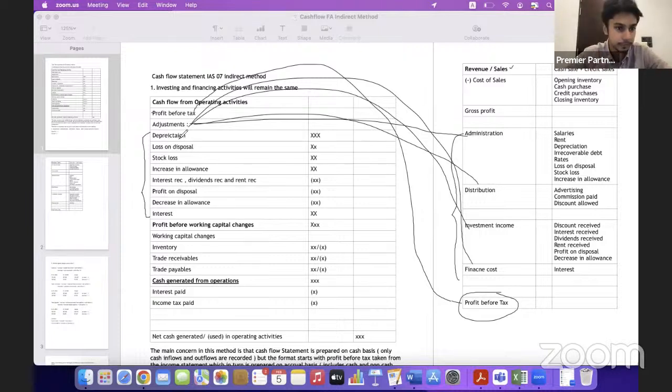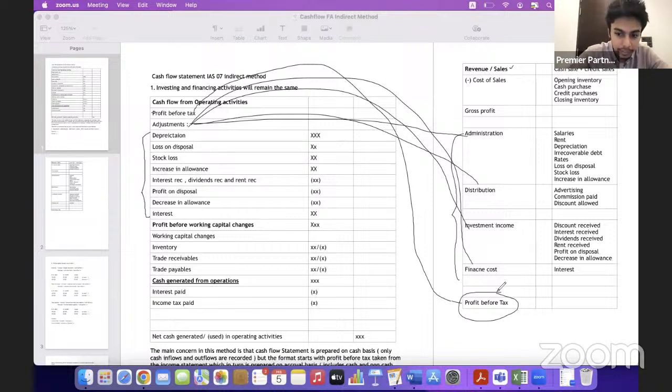We have to reverse. So guys, again, quick recap. Inside adjustments, what and what will come? All non-cash transactions. So what should we do with the non-cash transaction? Do the opposite. So do the opposite means if it's an expense, you add it. If it's an income, you should deduct it.